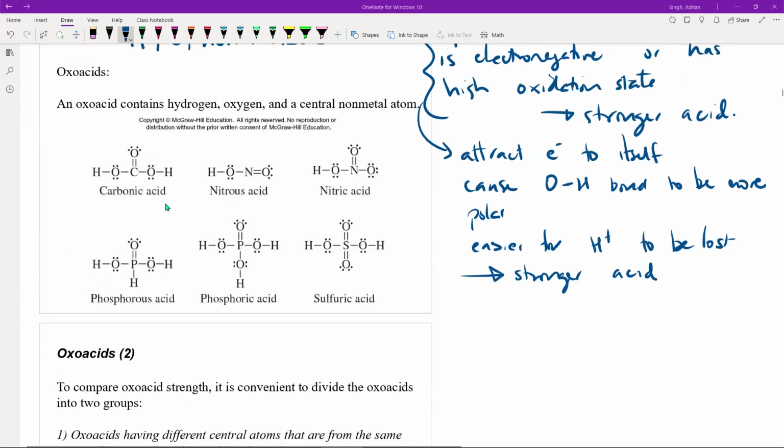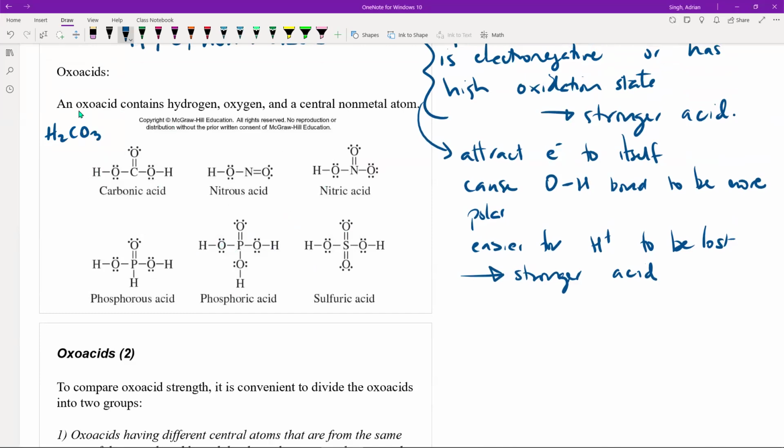So here are some examples of oxoacids that you've seen or that you've used maybe previously. So carbonic acid, which has the chemical formula H2CO3.